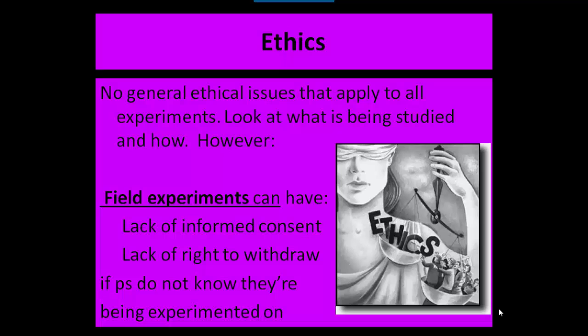But generally speaking, we might see it possibly more often in field experiments. But the golden rule with ethics is look at the specific experiment that's being done, look at what's being done with the participants, to the participants, and consider the ethics on an individual basis.